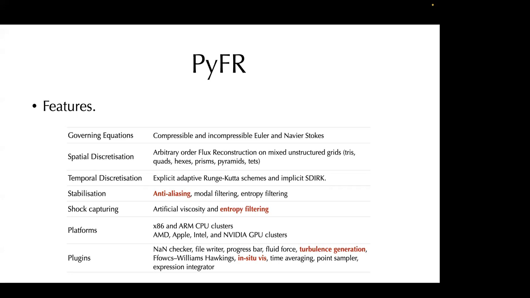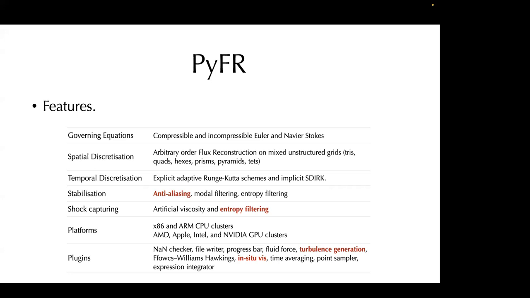We are able to run on a variety of different platforms, including CPU clusters, AMD GPUs, Apple GPUs, Intel GPUs, and NVIDIA GPUs, and clusters thereof. And we have a variety of plugins that provide us with additional physics capabilities.